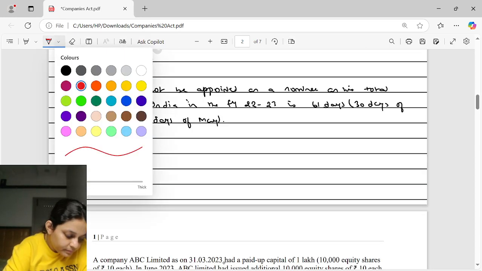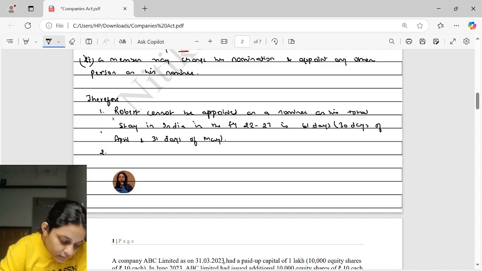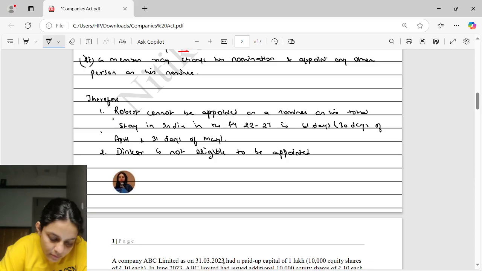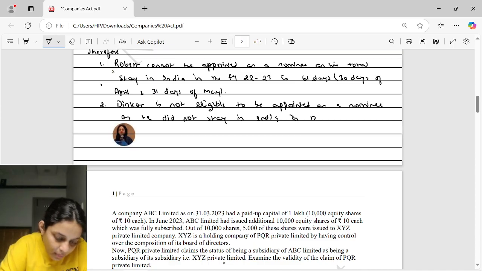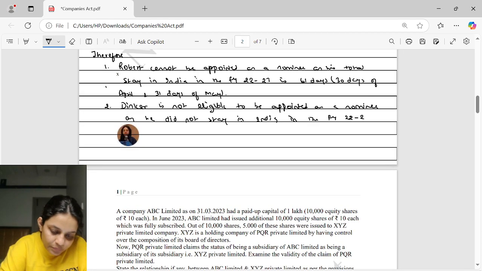So Dinkar is not eligible to be appointed as a nominee as he did not stay in India in the financial year 22-23.